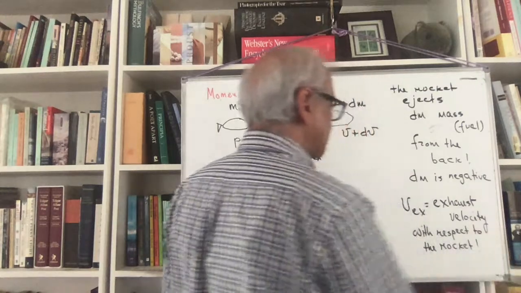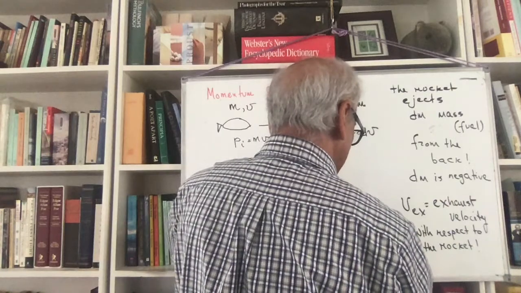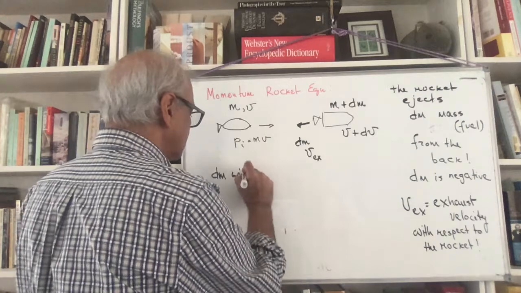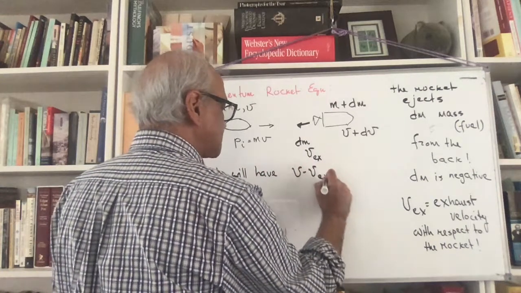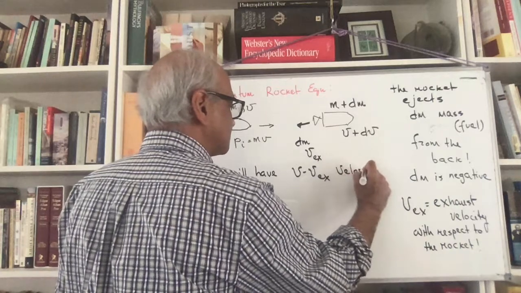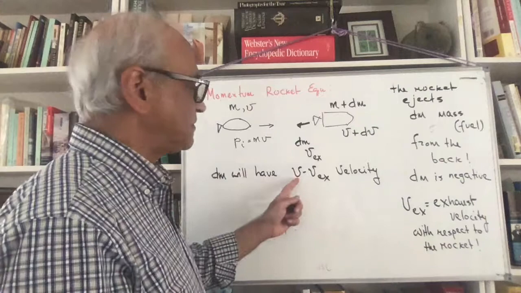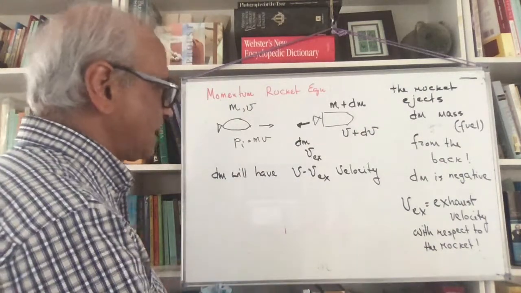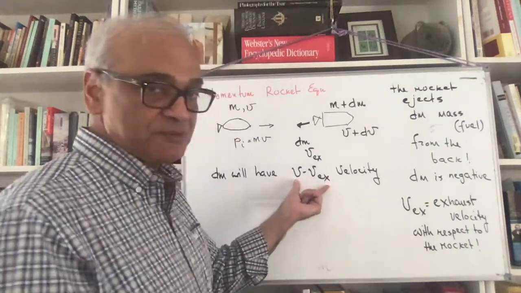But the dm will have velocity v minus vex. Because the dm was traveling with v already, and vex is with respect to the rocket, so you have to subtract it off.